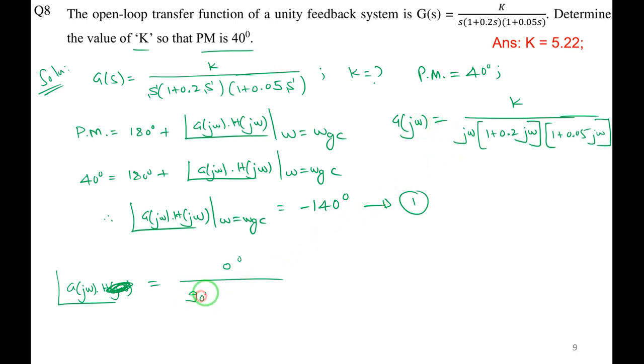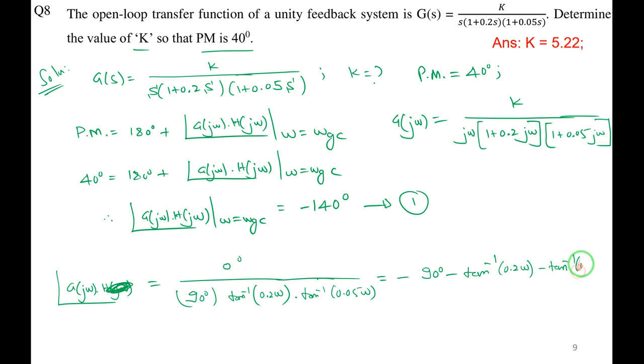You know how to calculate this. Then the angle of this is tan inverse of imaginary part by real part: tan inverse of 0.2 omega divided by 1, and next tan inverse of 0.05 omega by 1. So I get minus 90 degrees minus tan inverse of 0.2 omega minus tan inverse of 0.05 omega.